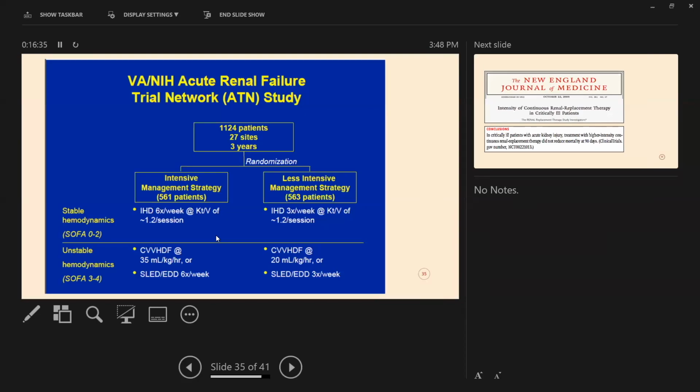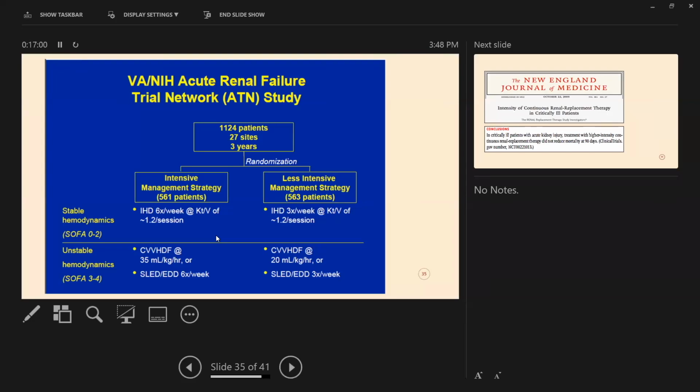So this is the VA-NIH acute renal failure trial network ATN studies, which consists of 1,124 patients involving 27 sites and expanding to 3 years. The intensive phase involving a patient around 560, IHD 6 times a week of 1.2 Kt/V per session.